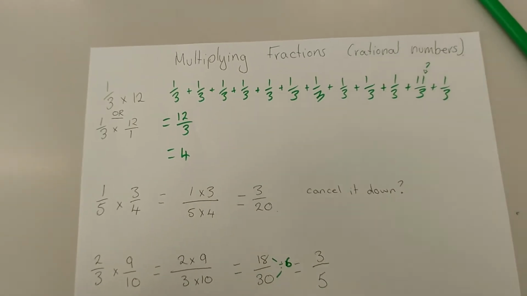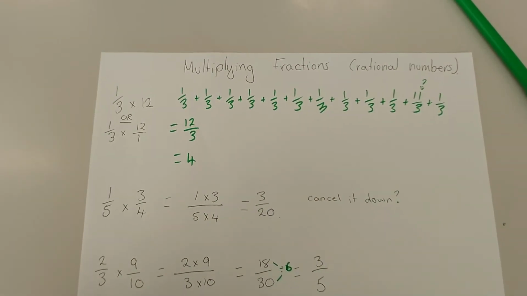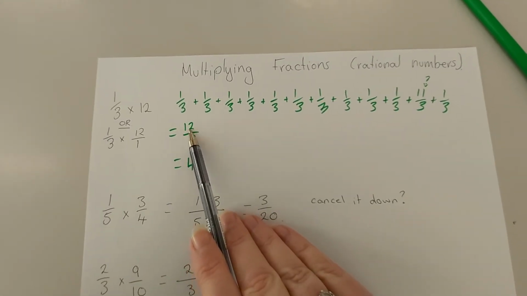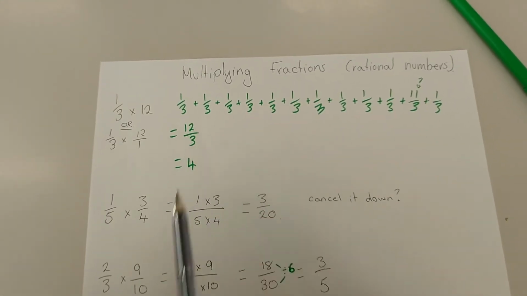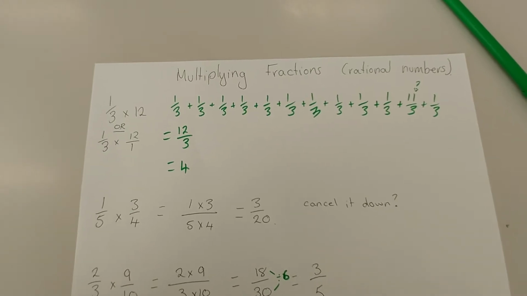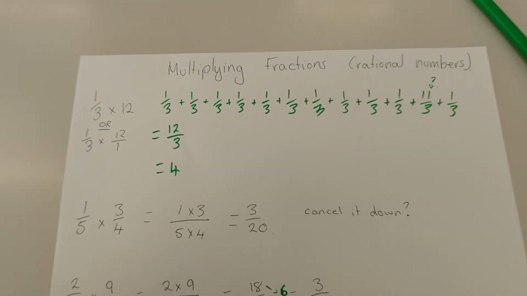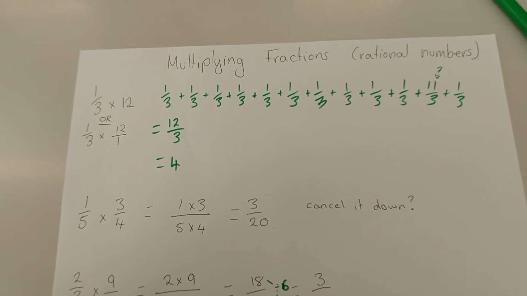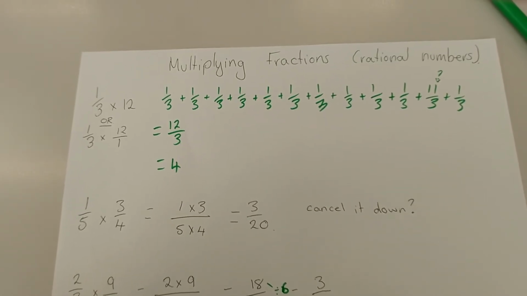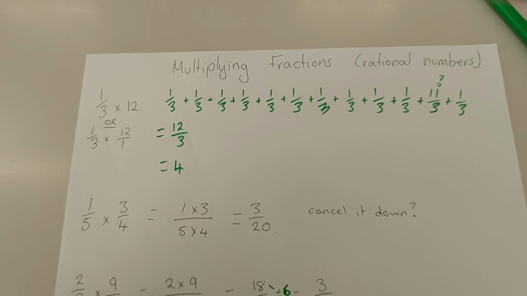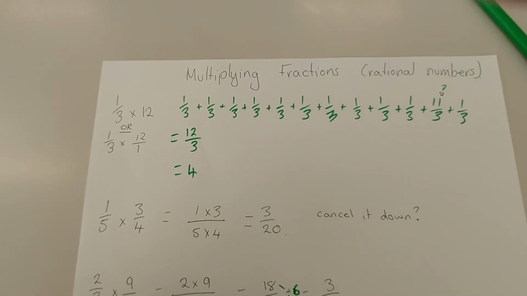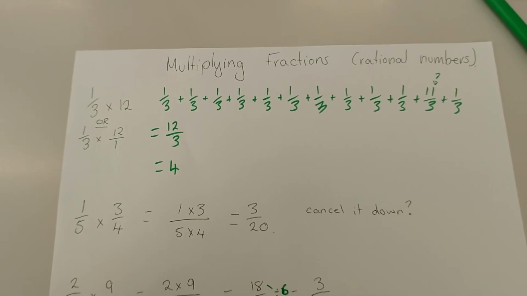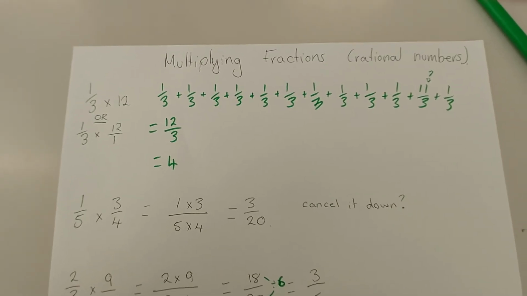Anyway, once you count all of those up, what we end up with is 12 lots of this third, and 12 lots of thirds is going to give you 4 wholes. So if I drew 12 thirds, I'd end up with 4 whole whatevers they are. We're going to talk about pizzas. Everyone likes pizza. I don't want to hear if you don't like pizza. There's something wrong with you.